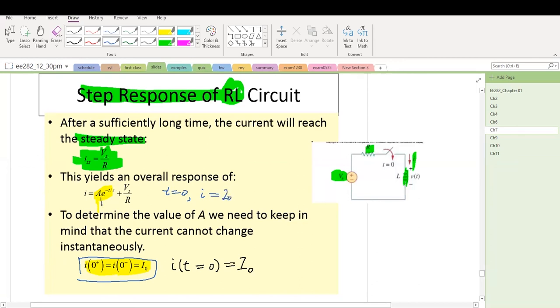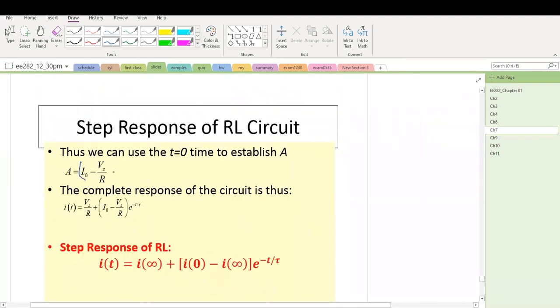So we can figure out the constant A. A equals I naught minus Vs divided by R. Therefore, the step response for RL circuit is the steady response Vs divided by R plus this transient response.